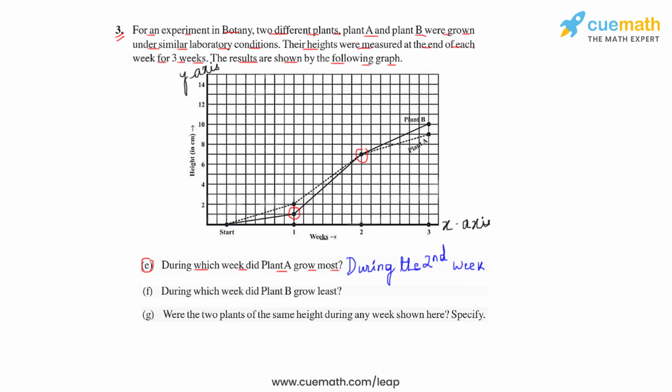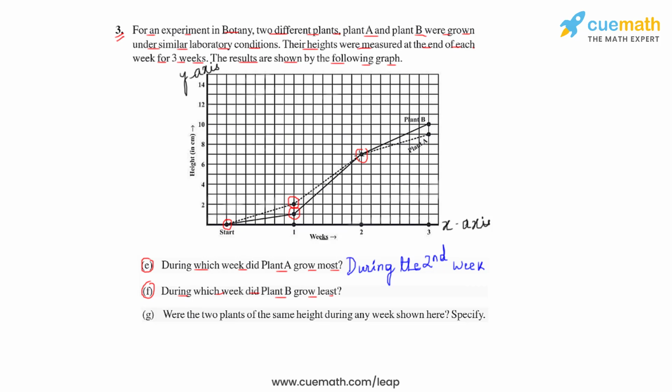Let us now move on to question F, which is asking us to find out the time period during which plant B grows the least. So we'll follow the same concept. As we observe this line graph, we see that for plant B, the height during the first week increased from 0 to 2. So initially it was 0, and at the end of 1 week it increased by 2 centimeters.